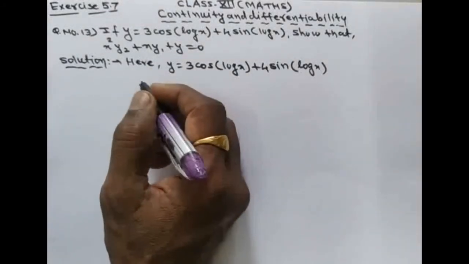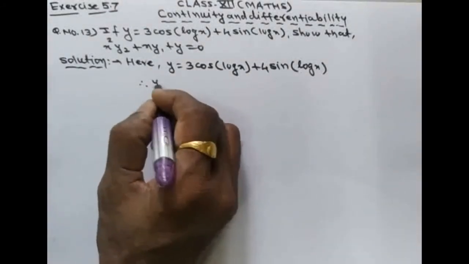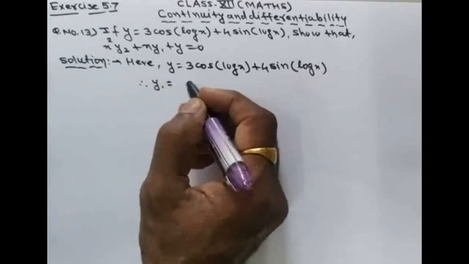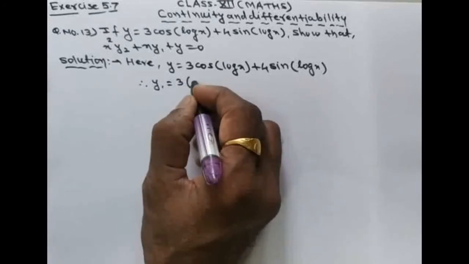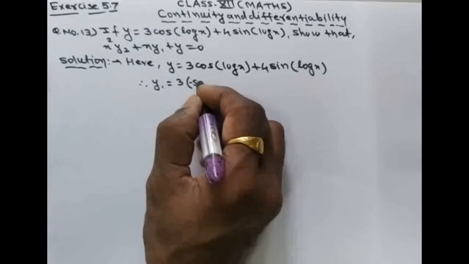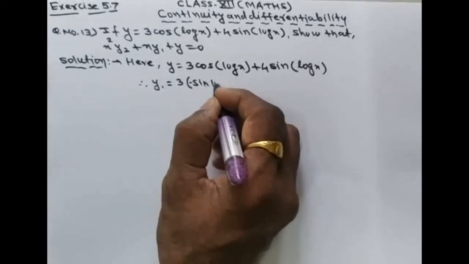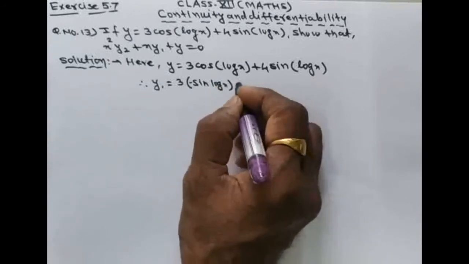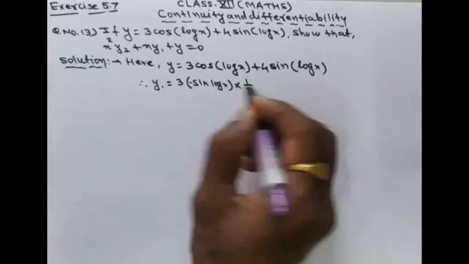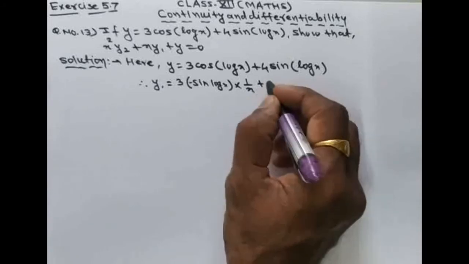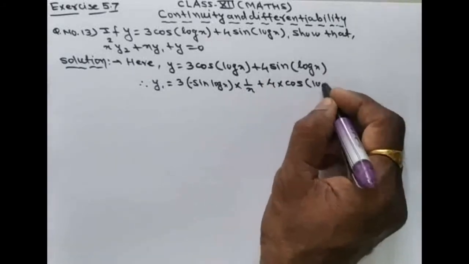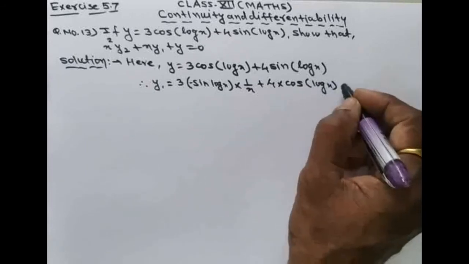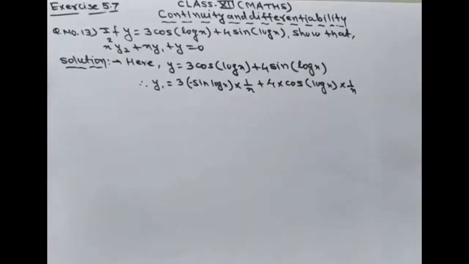Therefore dy by dx, I am writing this y1, derivative of this, that is y1. So write 3 as constant. Cos of log x का डेरिवेटिव क्या होगा? Minus sin log x into derivative of log x is 1 upon x, plus 4 into derivative of sin of log x, cos of log x into derivative of log x is 1 upon x.